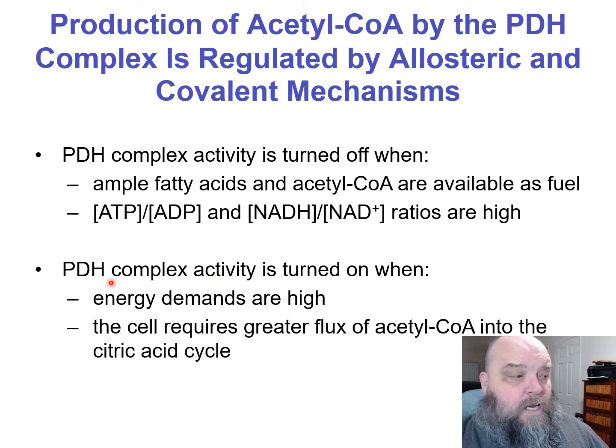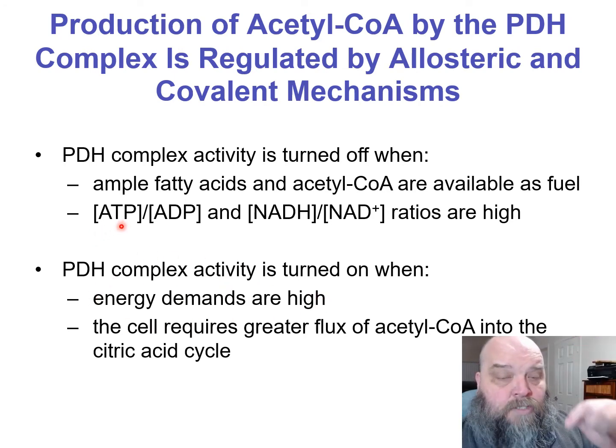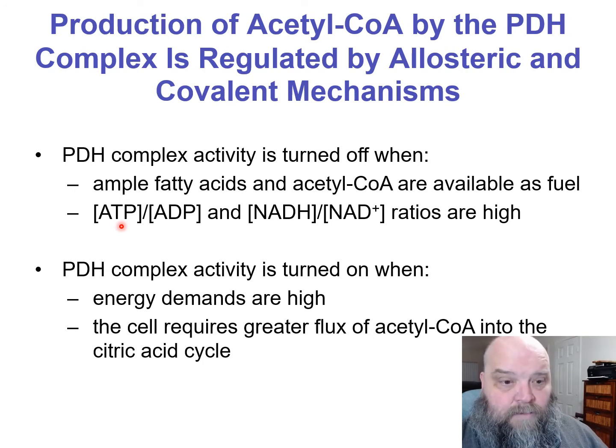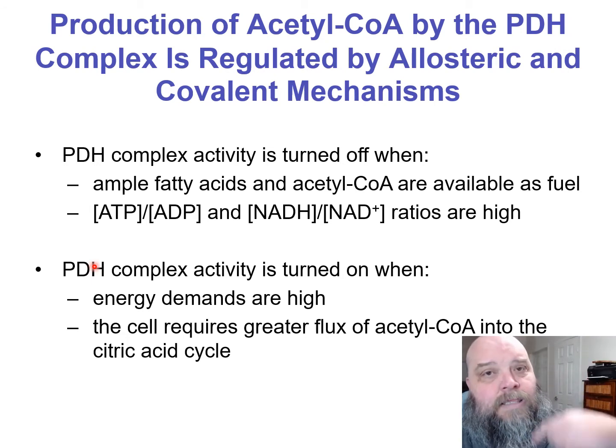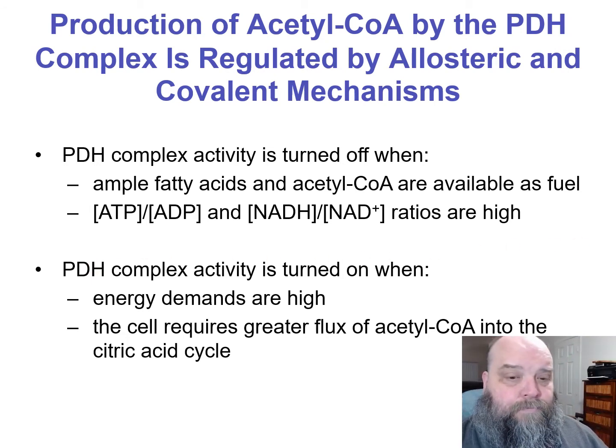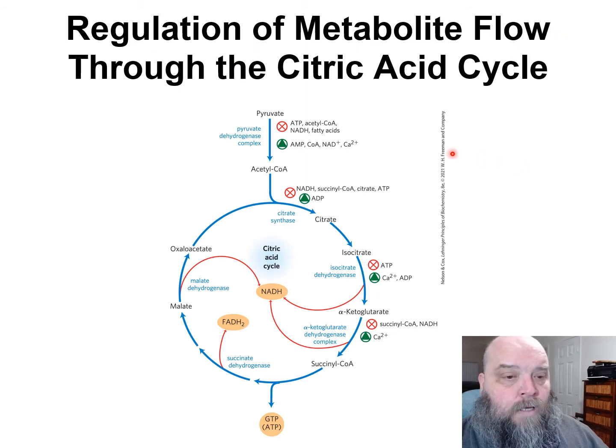Now, this is going to happen if energy demands are high. When energy demands are high, your ATP levels are going to start plummeting very quickly. PDH is going to become active, start pushing pyruvate into the mitochondria, get this cycle started. So again, we've seen this with glycolysis and gluconeogenesis, this whole ATP, ADP levels.